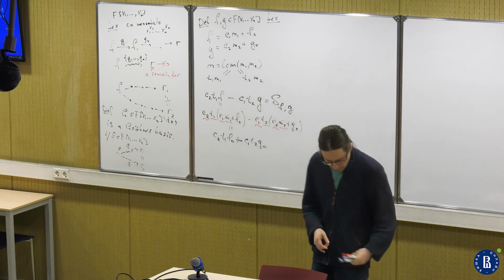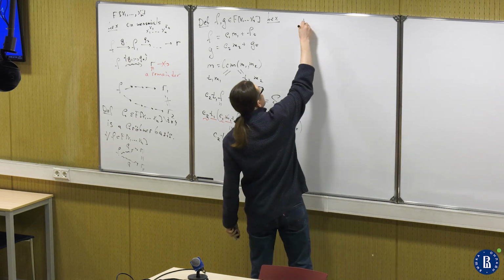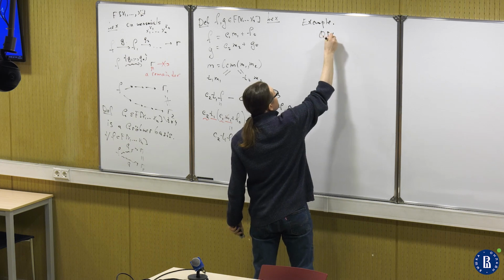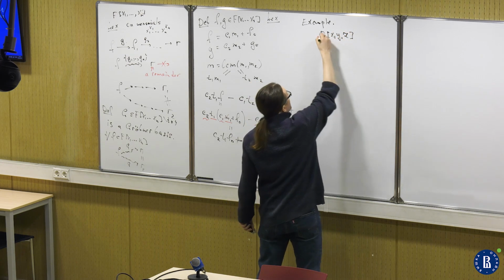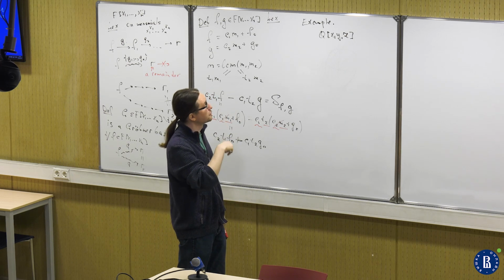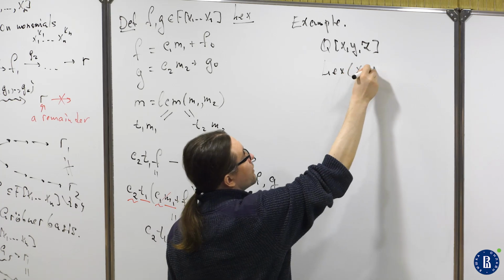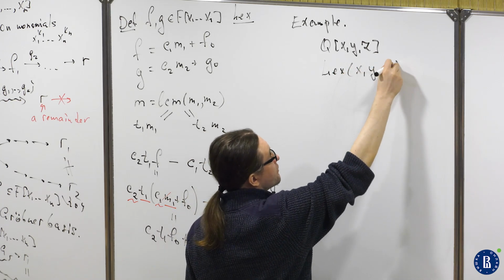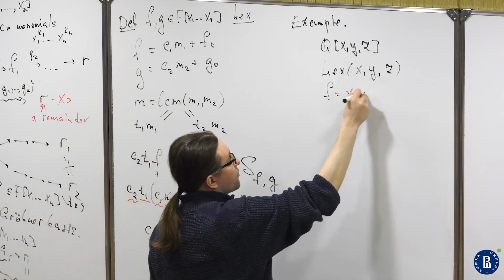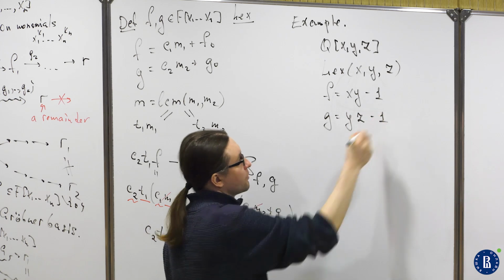Okay, so let me give you an example. Let's take the ring of polynomials with rational coefficients with variables x, y, z, and we take the lexicographical ordering where x is higher than y and higher than z. The polynomial f will be xy minus 1, and the polynomial g will be yz minus 1.